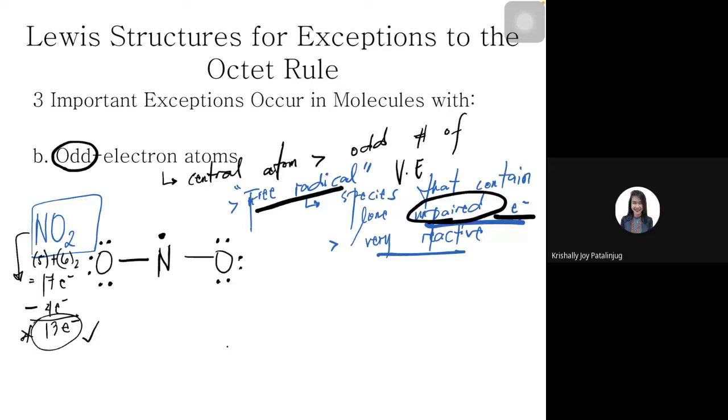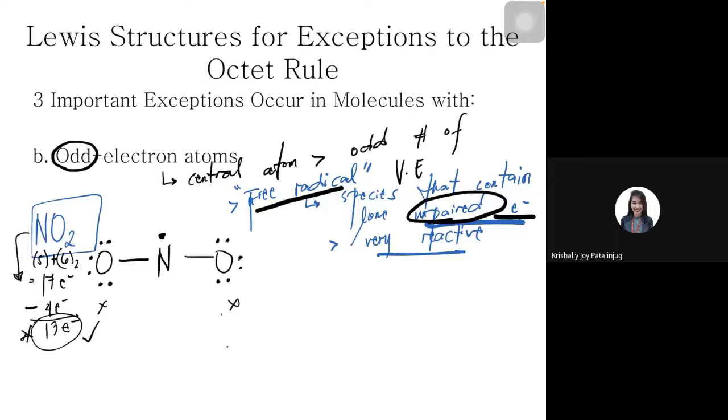Okay? But this is not yet the final Lewis structure because remember, we can still apply the fifth step here because the surrounding atoms are not halogens. So we can apply the fifth step, making the surrounding lone pair into a bonding pair, because oxygen is not a halogen.